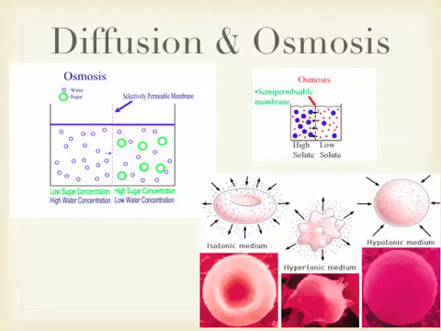There are also some examples of red blood cells. The isotonic medium red blood cell is perfect. You can see water is equal on the inside and the outside of that cell. The hypertonic example of a red blood cell is not a good example.